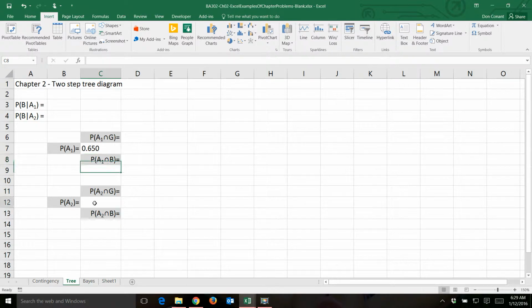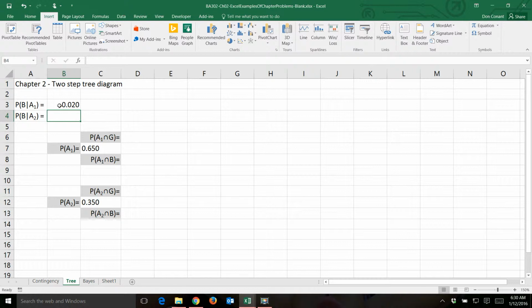We have only two companies, so the probability of receiving a part from company A sub 2 is 35%. Over time, we have come to know that when we receive a part from company A1, the probability of receiving a bad part, given that the part is from company A1, is 0.02 or 2%.